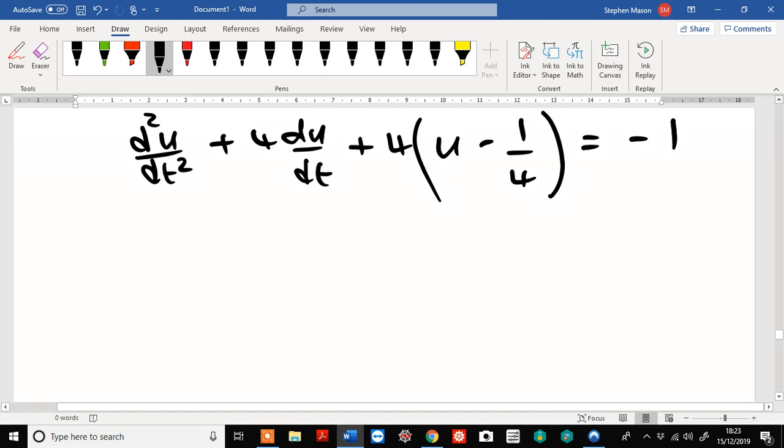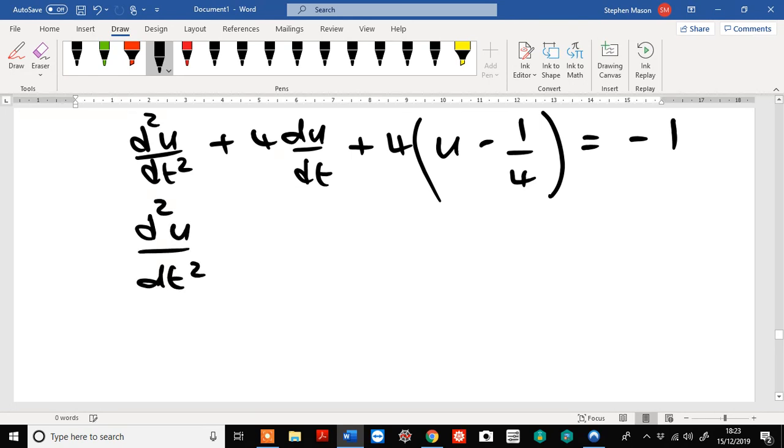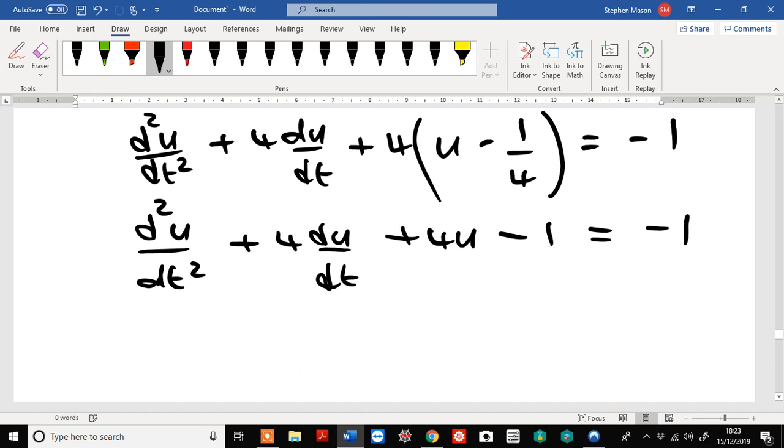Now, this simplifies to give d squared u by dt squared plus 4 du by dt plus 4u minus 1 equals -1. Adding 1 to both sides gets rid of the minus ones on each of those sides.